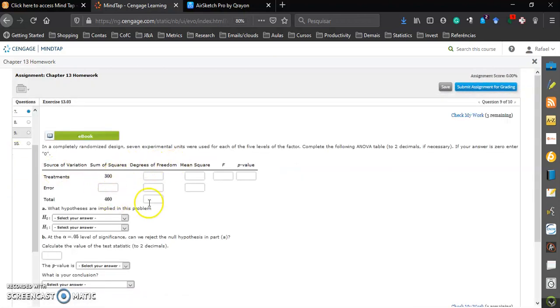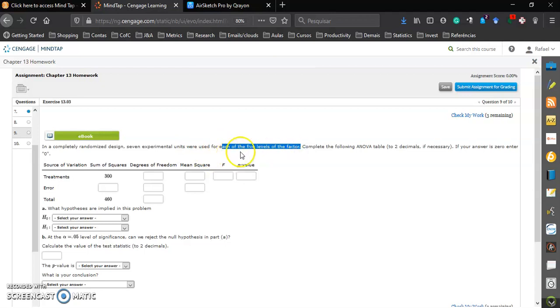You see, that's the same problem. We have the sum of squares, we have the total, and then you have more information here. For example, in a completely randomized design, 7 experimental units, 7 people, were used for each of the 5 levels of the factor.